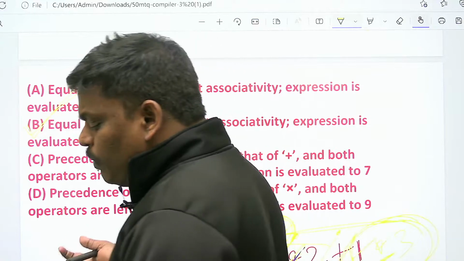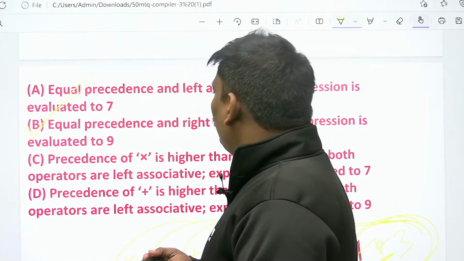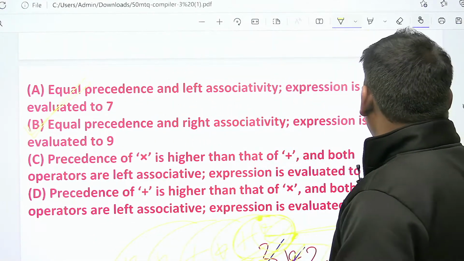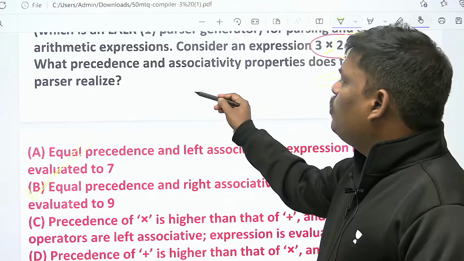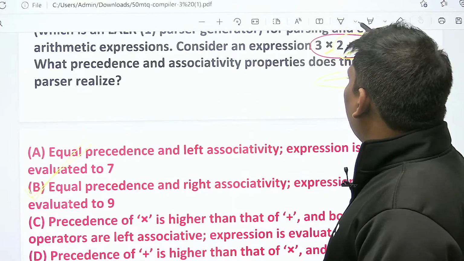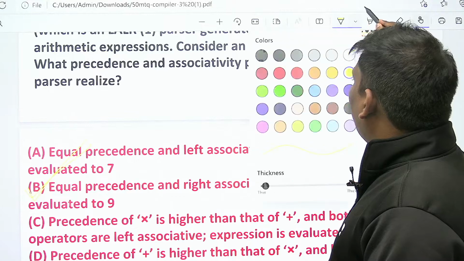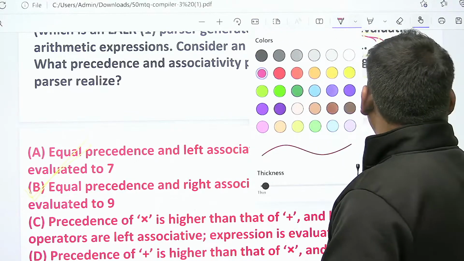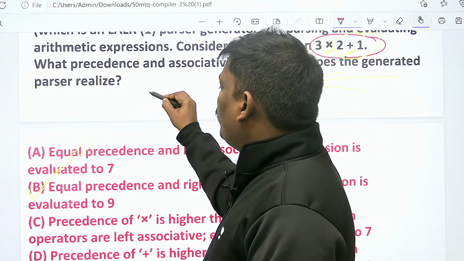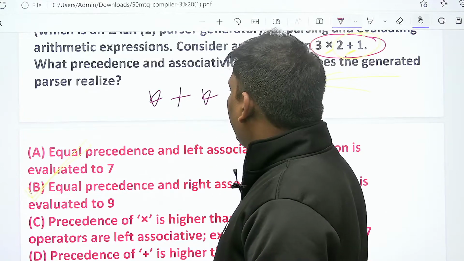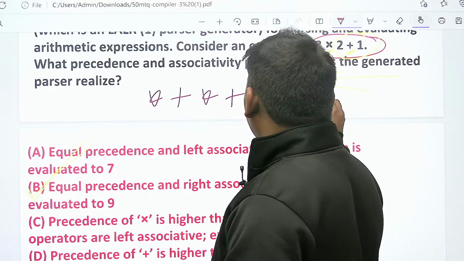Now, those people who are listening, can anyone help, which operator will be done first here? Just one small thing I want to ask you: what is the answer of this? Star plus, star plus, star plus, star star.